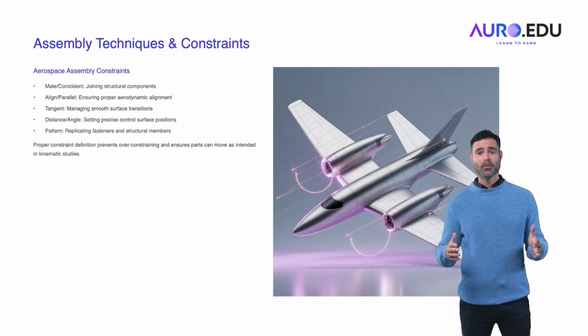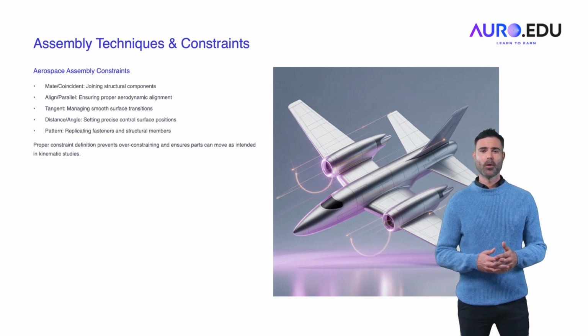In large aerospace projects, assembly techniques play a key role in ensuring that components fit together correctly. Assembly constraints like mate, align, and tangent ensure that parts, such as the fuselage and wings, are properly aligned to prevent issues in the final assembly. For control surfaces, constraints are applied to ensure that components, such as ailerons and elevators, move without interference.